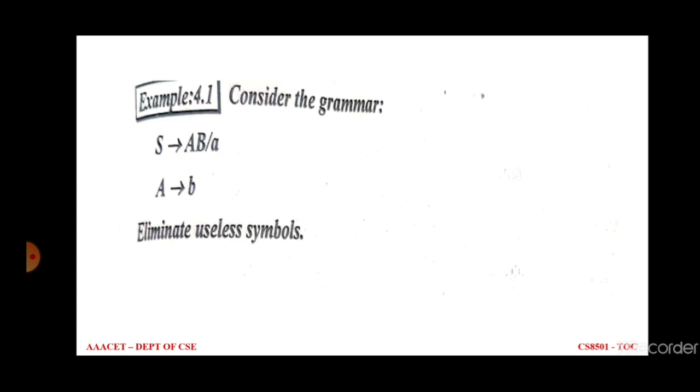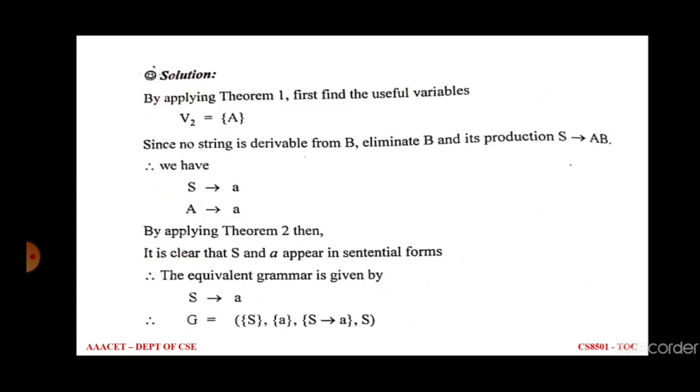So we get the second production, that is S tends to A. After that the third production is capital A tends to B. Actually we eliminate S tends to A, so there is no need to maintain the production A tends to B. So again we have to remove the third production A tends to B. So for this grammar we are having only one production, that is S tends to small a.